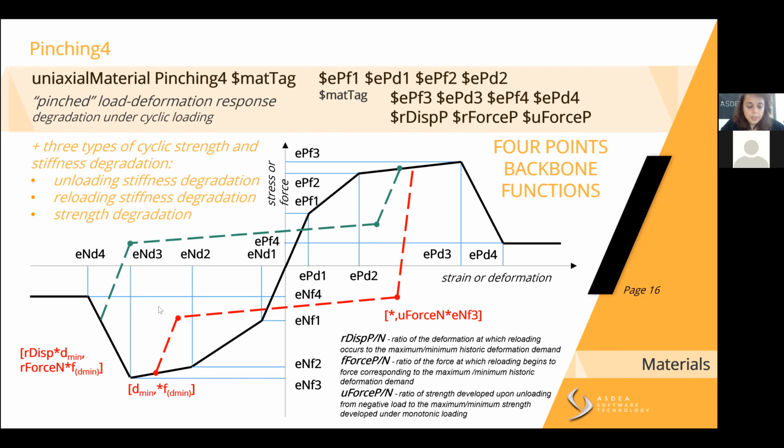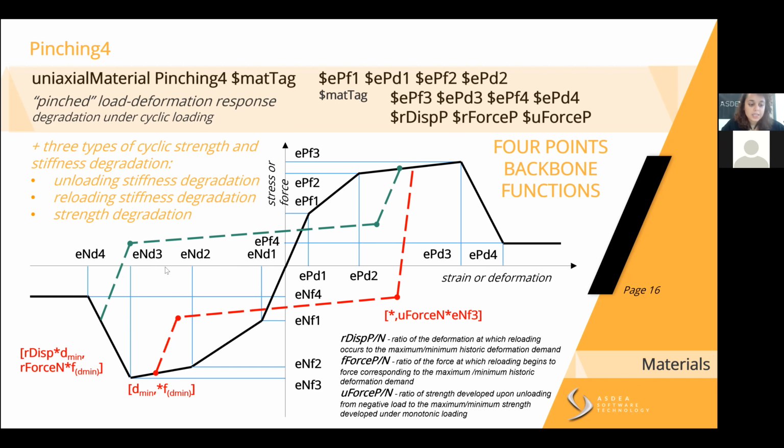Then if we move forward in the unloading branch, we need another point. The x-axis of this point is defined as the ratio of the deformation at which reloading occurs to the minimum historic deformation demand. So here, this is the minimum historic deformation demand that of course moves towards 0 as the cycling moves along, multiplied by this minimum historic deformation.